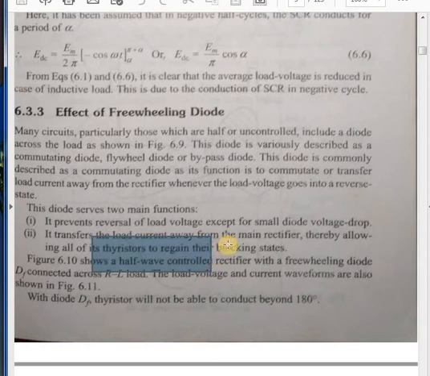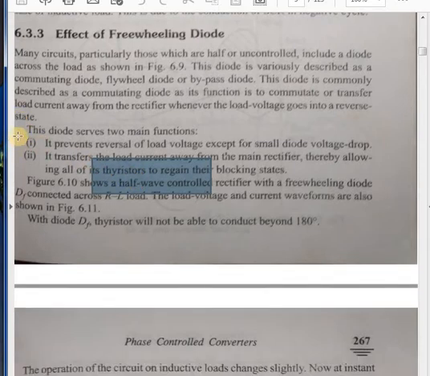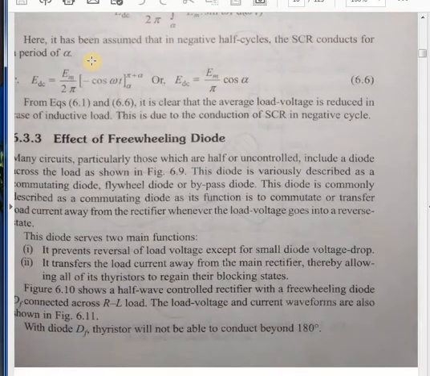So there are two main purposes of using a freewheeling diode in the circuit: preventing the reversal of load voltage, and transferring the load current away from the main rectifier circuit, allowing the thyristor to regain the blocking state. That's the reason we use a freewheeling diode.